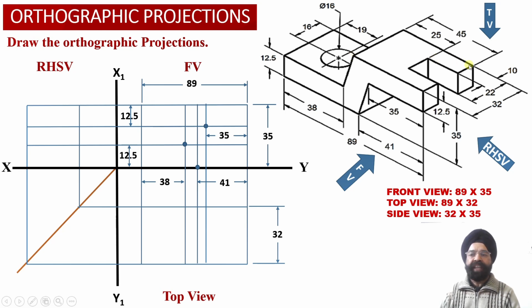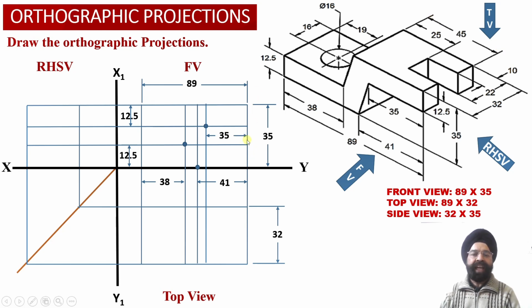Now we have been provided with the information that from the right hand side face of the solid, the distance of this edge point or this edge point from the right hand side face happens to be equal to 45 millimeter.